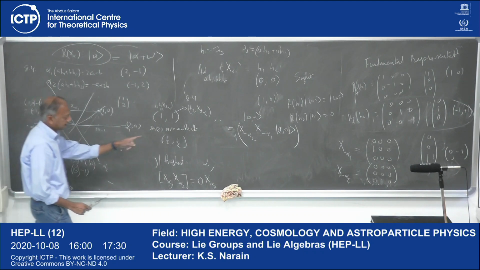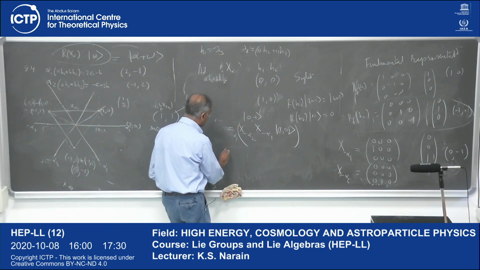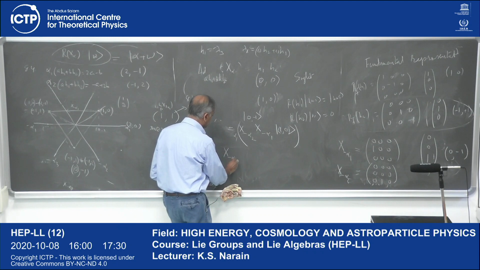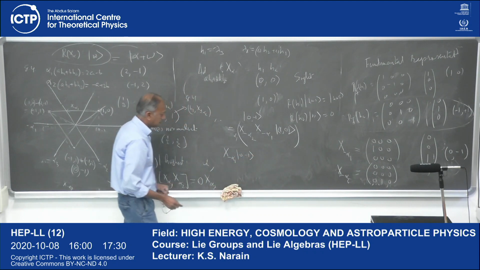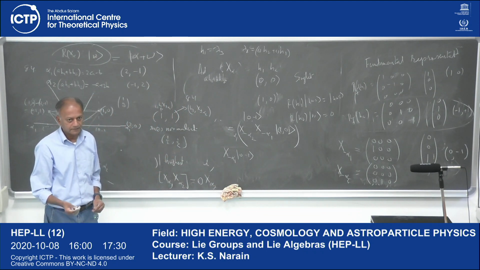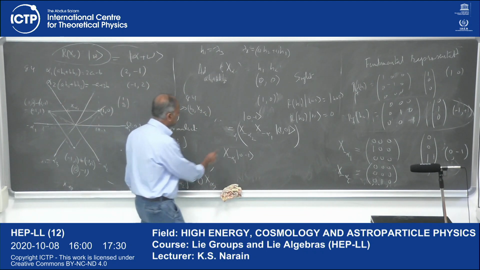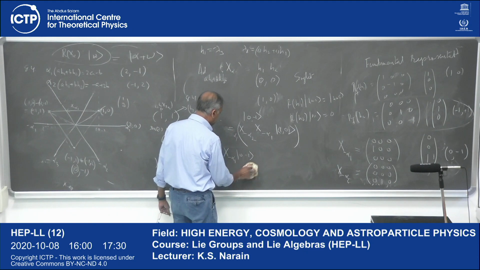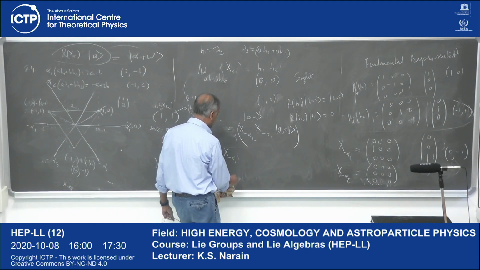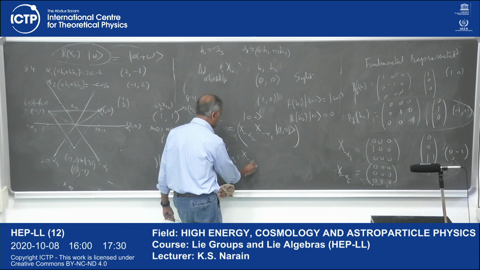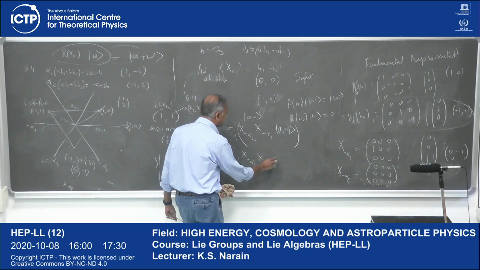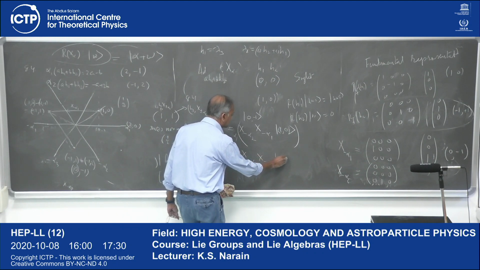Now your question is whether I can apply x minus alpha 1 on 0, minus 1. If I apply this, that is the same as going x minus alpha 2, x minus alpha 1, and 1, 0.